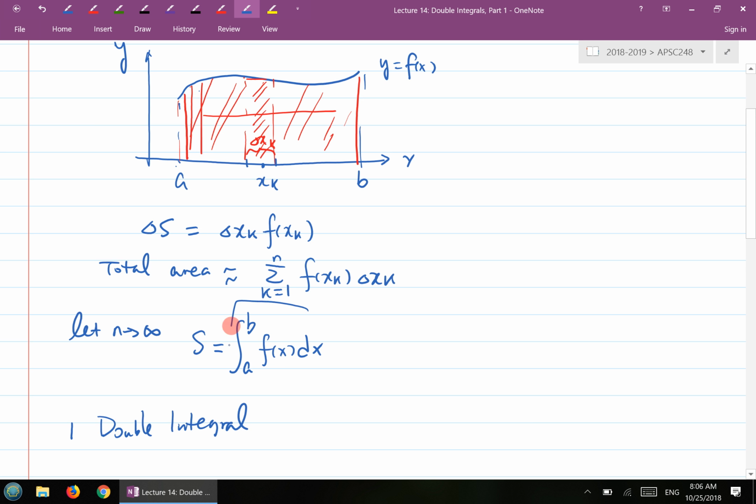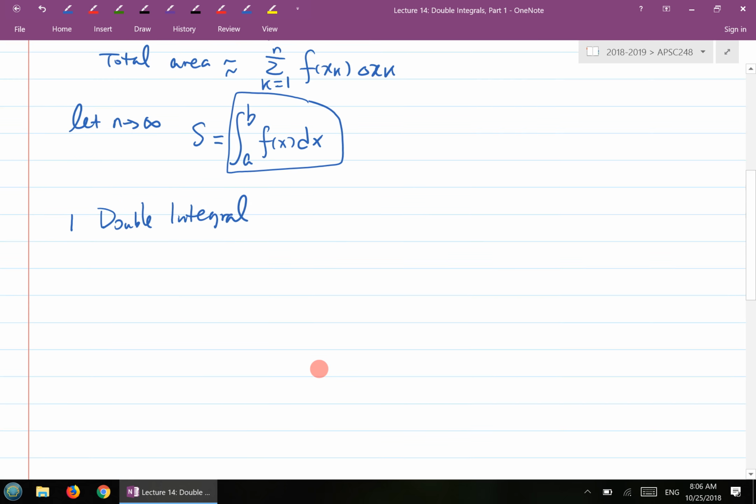If you only look at this integral, it doesn't necessarily always have to be an area concept, because it's a mathematical integral. You can actually have many other different applications here. Now, let's consider a double integral. Given a function of two variables, I'm going to draw this function over here.